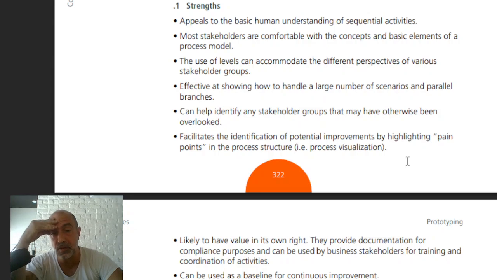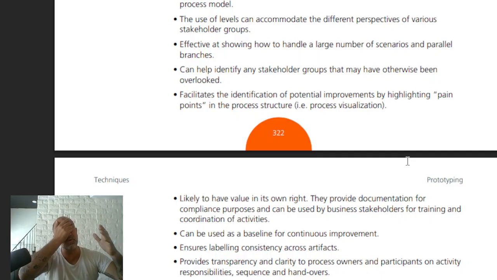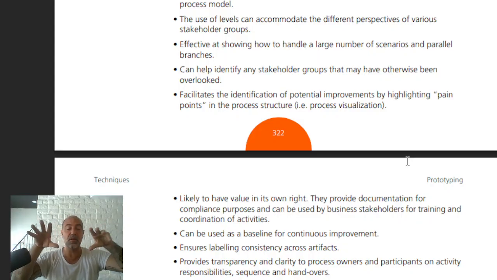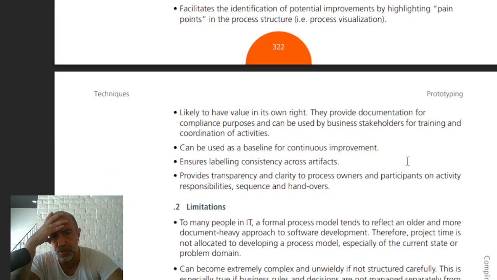Can help identify any stakeholder groups that may otherwise been overlooked, facilitates the identification of potential improvements. You can add everything in the process, and you can split it, because if you're doing it digitally, then you can zoom in and out. You can put the whole system, and then every single system you zoom in and more people come out. And you can connect everyone to it, because you can do it as a matrix.